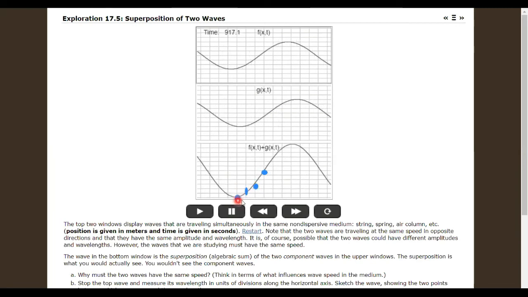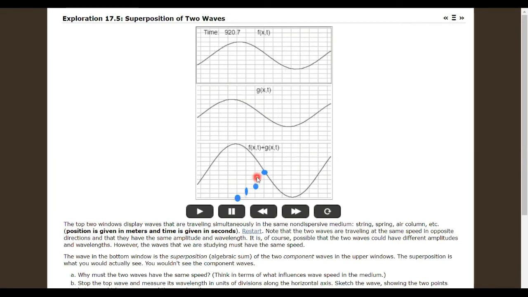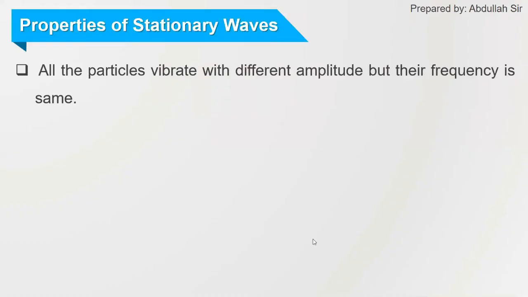So the number of vibrations performed by these particles will be the same. So we'll say that the frequency of these particles is the same, but their amplitude is different. So all the particles vibrate with different amplitude, but their frequency is same.